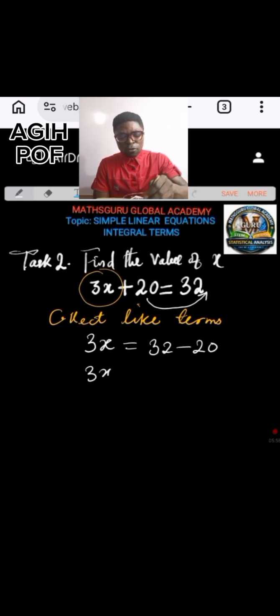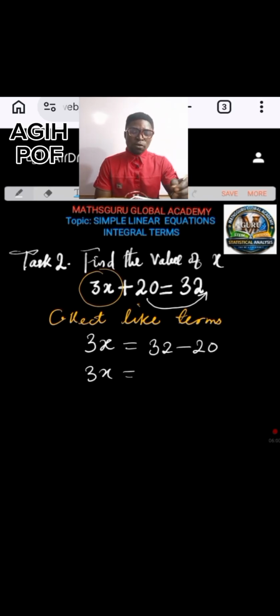What we are actually doing there is additive inverse, but let's just use the mode of movement here. Moving a positive, it will change to negative. So we're going to have negative 20. Let's move on. 3x will be equal to 32 minus 20, which will give us 12.